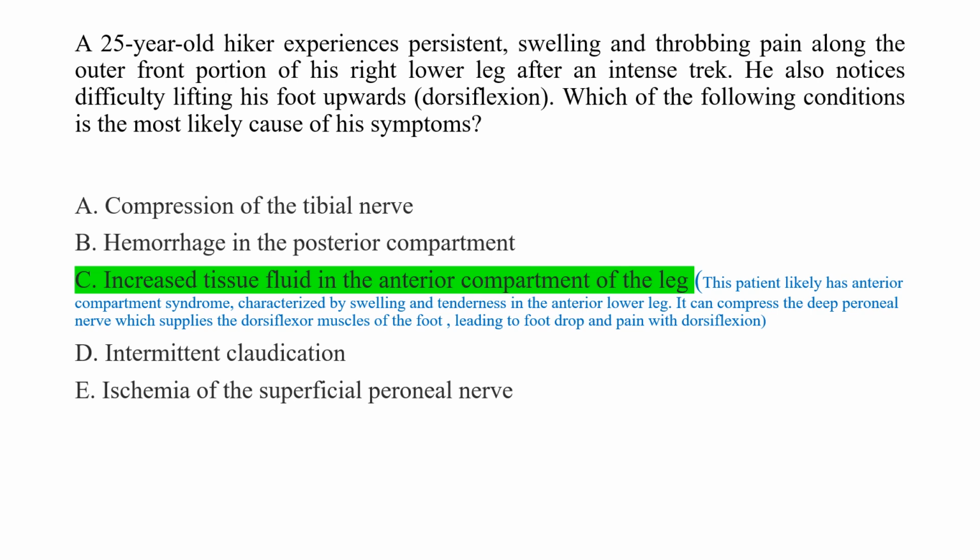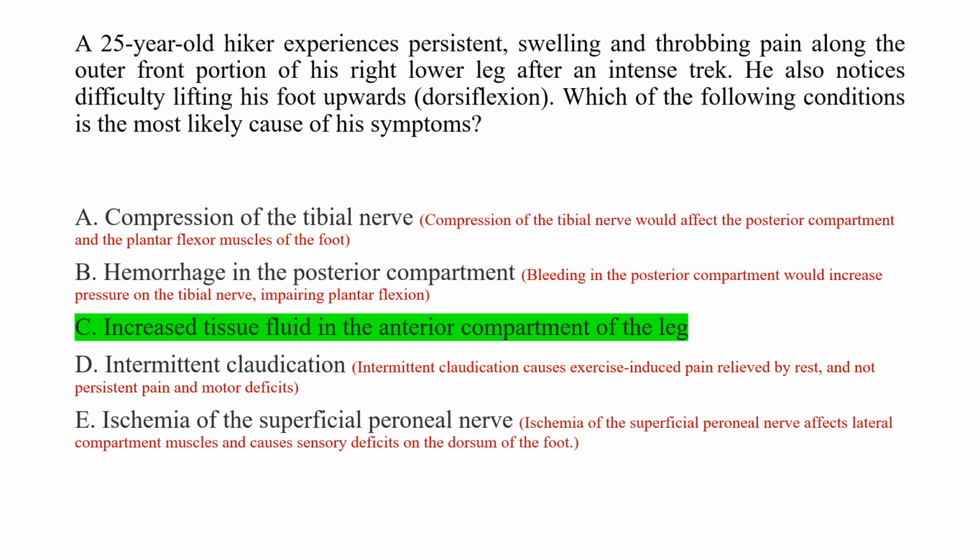And this results in severe pain, especially when the foot is dorsiflexed, leading to foot drop. The compartment might be tender or swollen to palpation, and this could be relieved through surgical decompression.